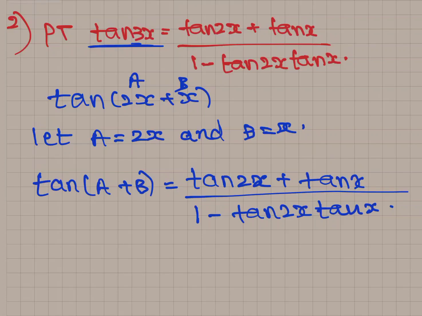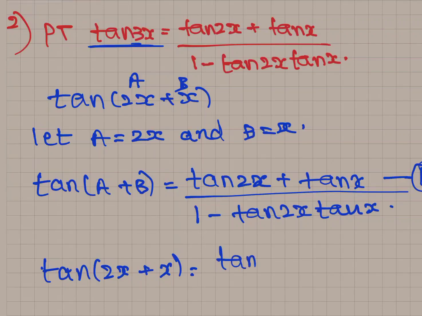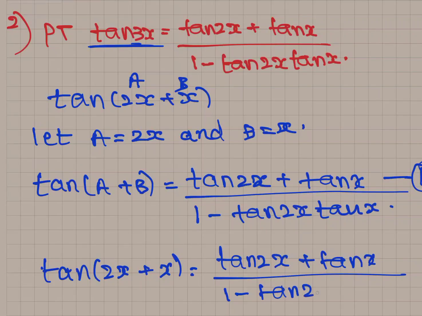Now, substituting the values of a and b in equation 1, we get tan of a value 2x plus b value x is equal to tan 2x plus tan x upon 1 minus tan 2x tan x.